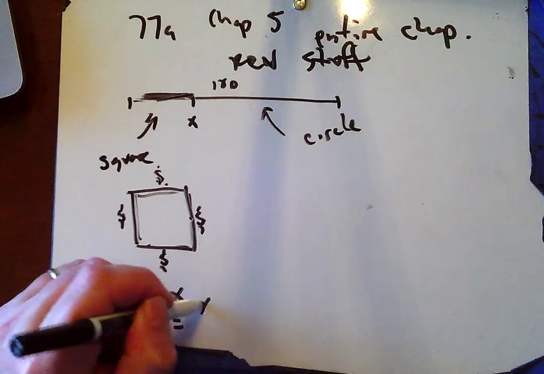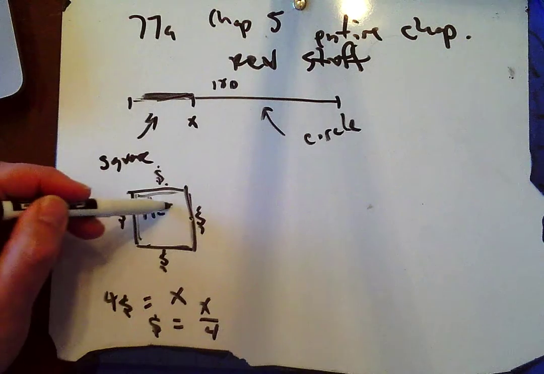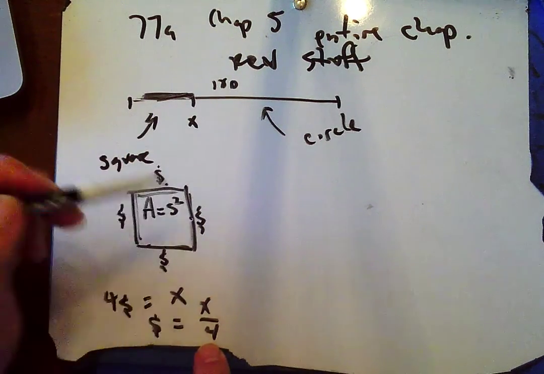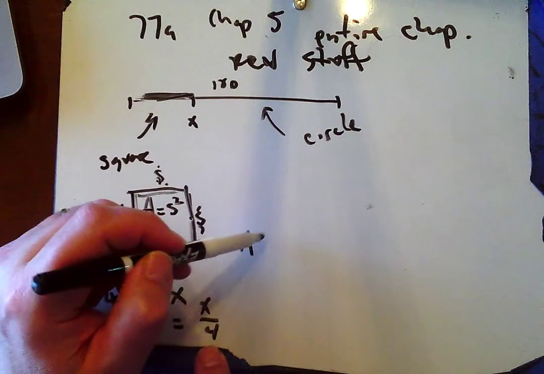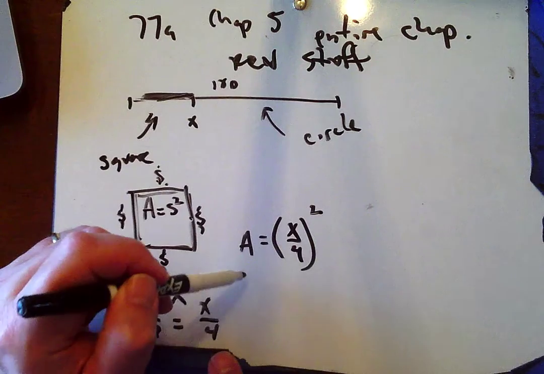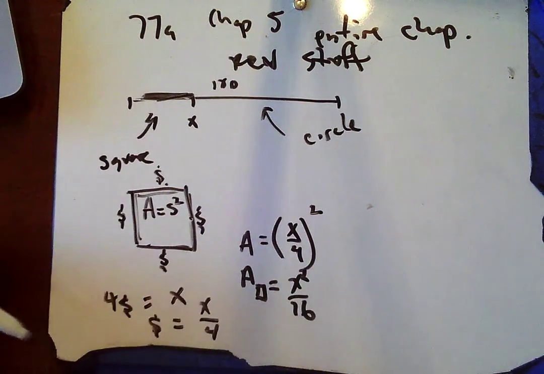Side length then is x over 4. And since we know the formula for area of a square is side squared, I can take this side and square it. And so my area will be x over 4 squared. So the area of the square is x squared over 16.